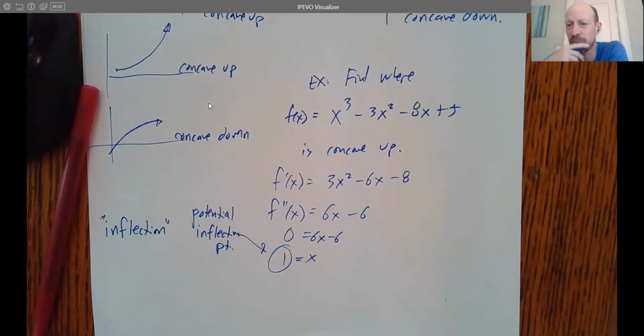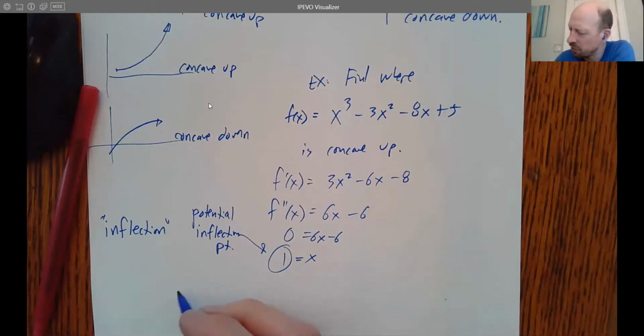Up to down, down to up. That's called an inflection point. Now, I don't know if this is an inflection point yet. That's why it's called potential, because I actually have to see if it flips. But the same idea holds. This is my one spot where the second derivative could change signs.